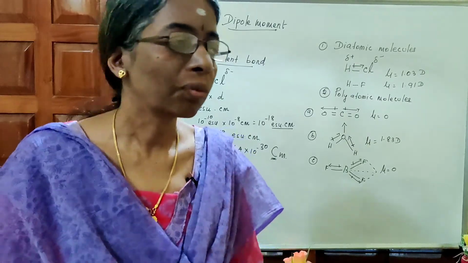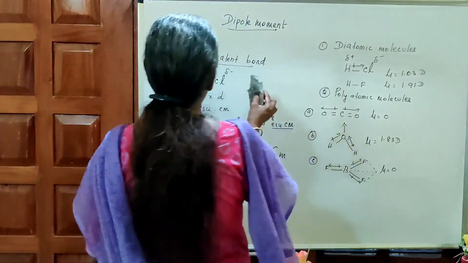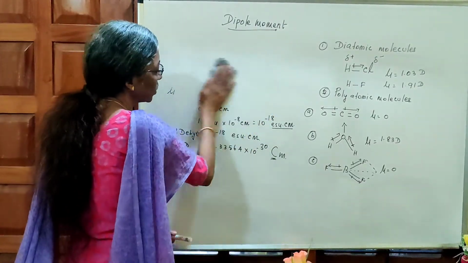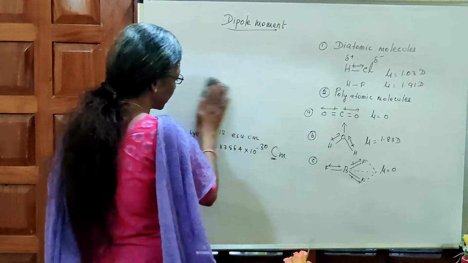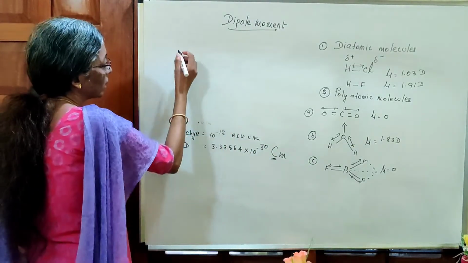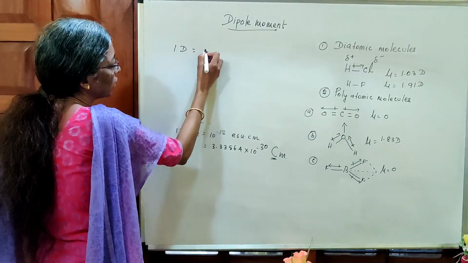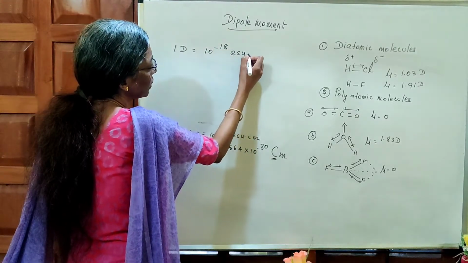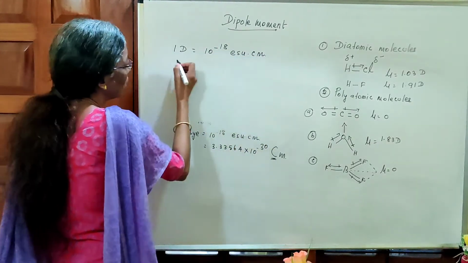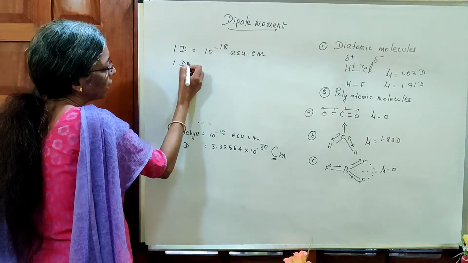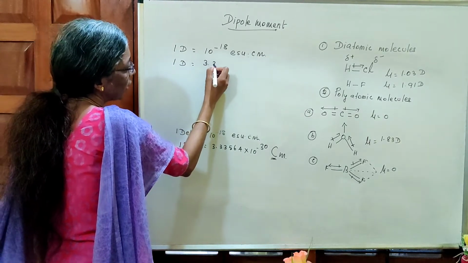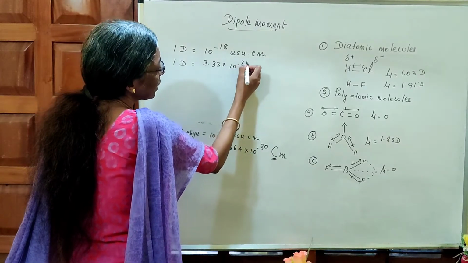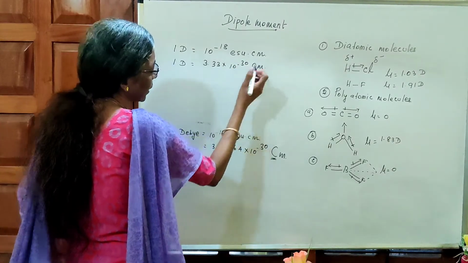So, just for your information, 1 debye is equal to 10 raised to minus 18 ESU centimeter, and 1 debye is equal to 3.33 into 10 raised to minus 30 coulomb meter.